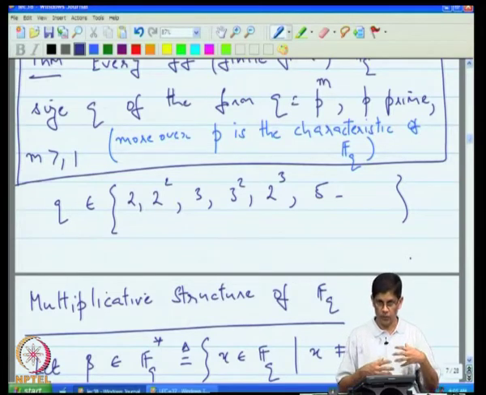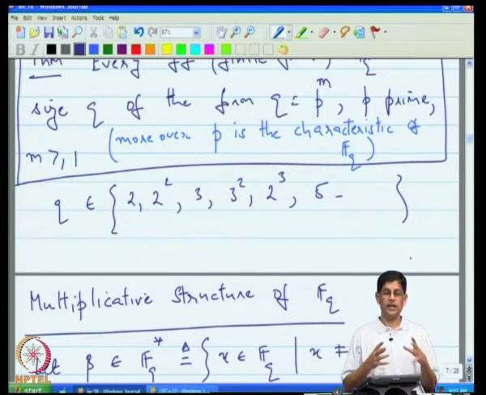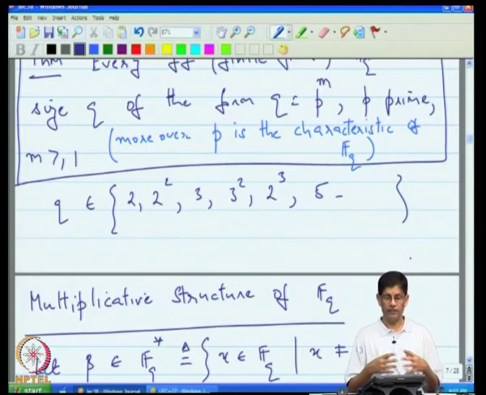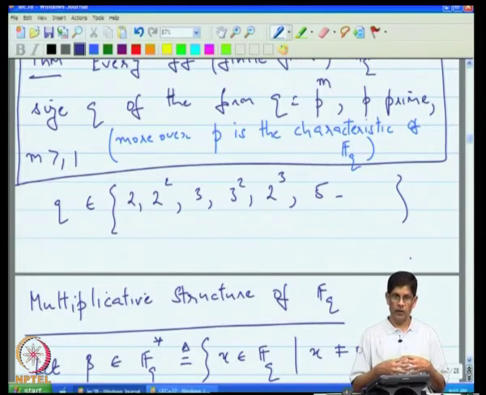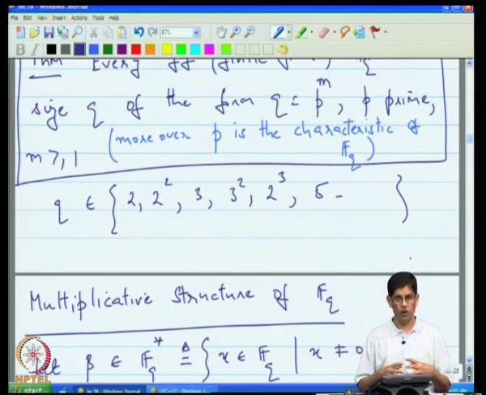So, that is how you pull out p from the structure of the finite field FQ. Then the second property is that the finite field FQ is a vector space over the set 0 to p minus 1. That set actually forms a smaller field FP, and since FQ is a vector space over FP, it must be that q is a power of p.